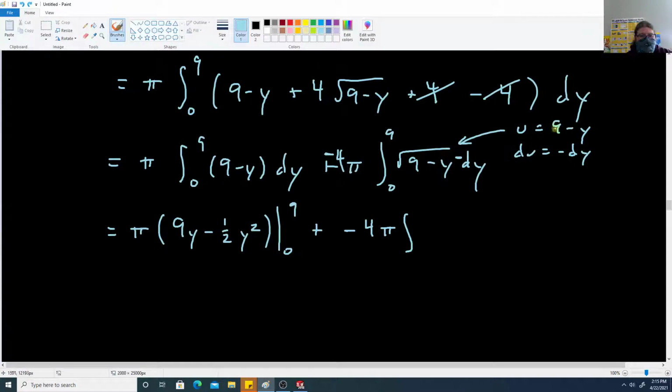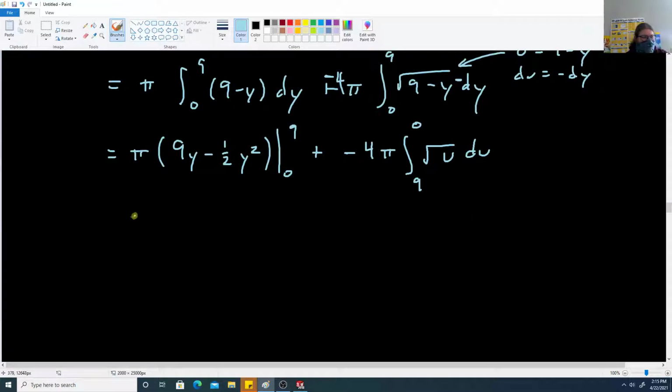If I put 0 in, 9 minus 0 is 9. If I put 9 in, 9 minus 9 is 0. This will be square root of u, where u is 9 minus y. And then negative dy is du. So we can calculate that antiderivative that way.